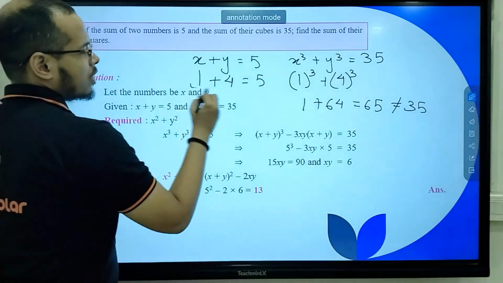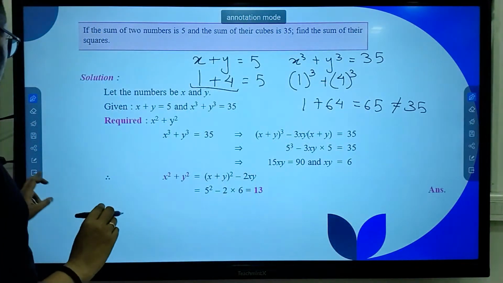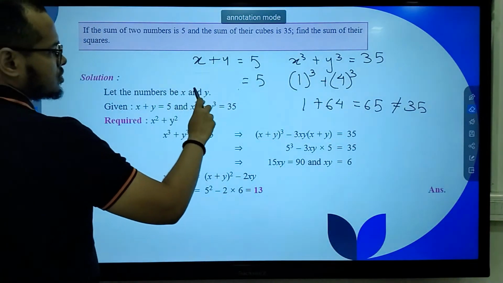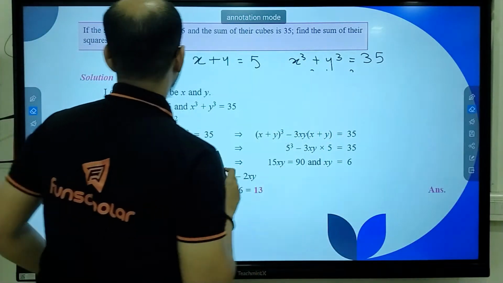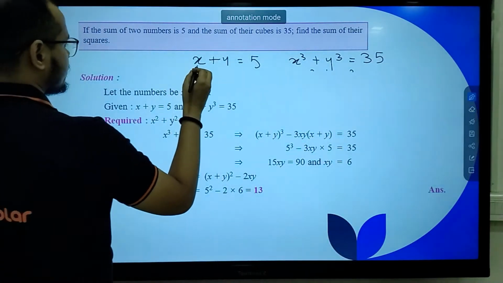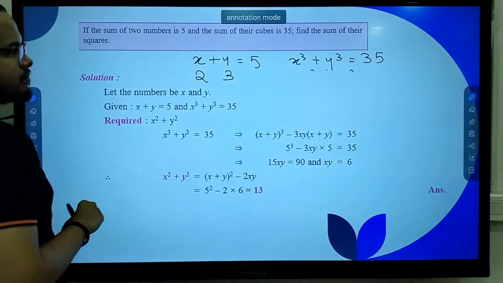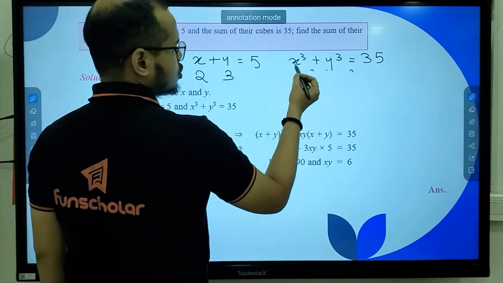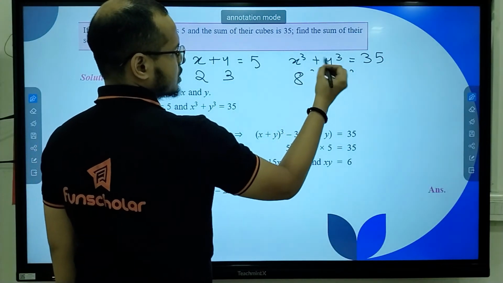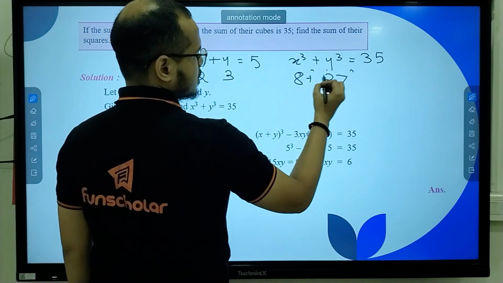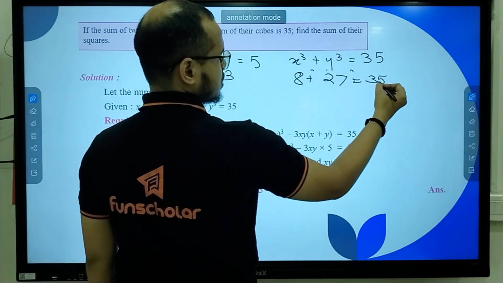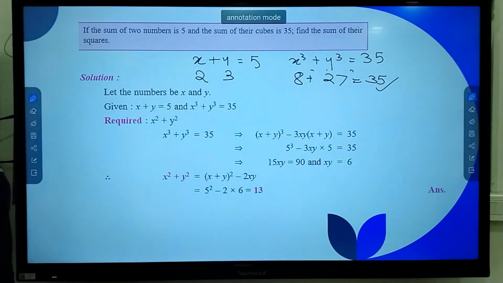So the option of 1 and 4 is wrong. Now second value, let's put 2 and 3. 2 cube is 8, 3 cube is 27, plus, it is giving us 35 only.